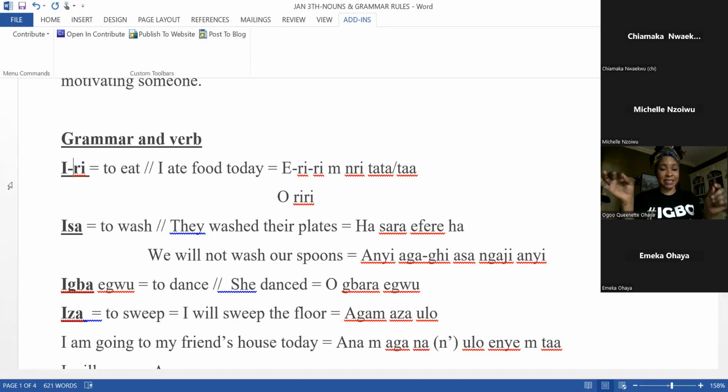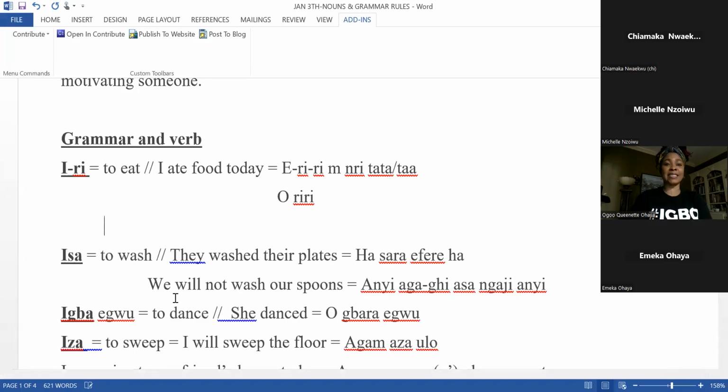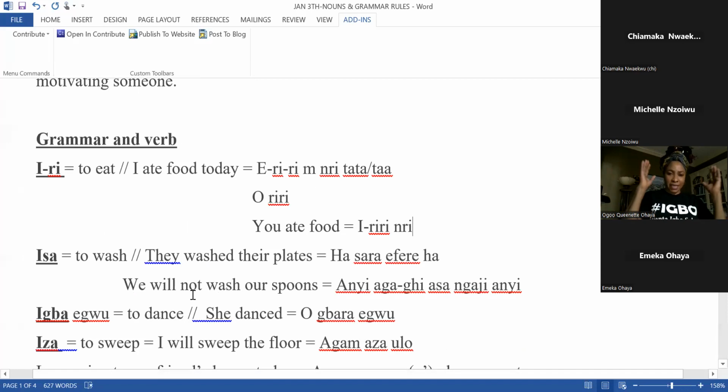The reason I say that is this: I don't want you to think that just because iri is to eat, you forget that the pronoun you is a, and then get confused and say, I thought you said you remove a. Don't forget the sentence is you ate food. So the you is a riri nri. Nri is still the same, but the only thing you added is a. So who will tell me what is riri here?